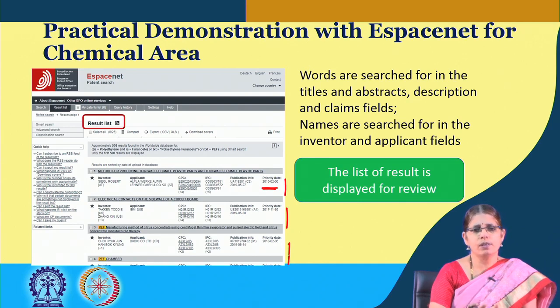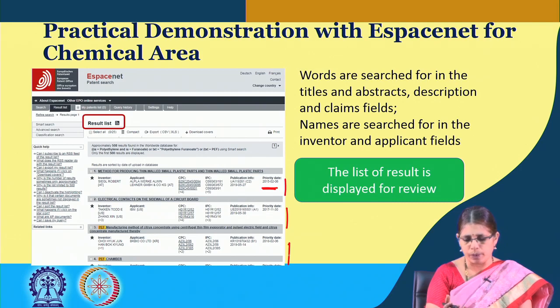So, various types of graphs can be drawn, beginning with specific technical information as well as information by way of priority date or publication date. Any of that information can be captured in the form of patent mapping.